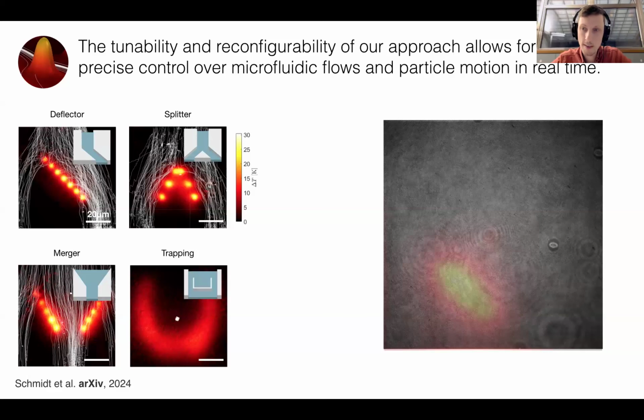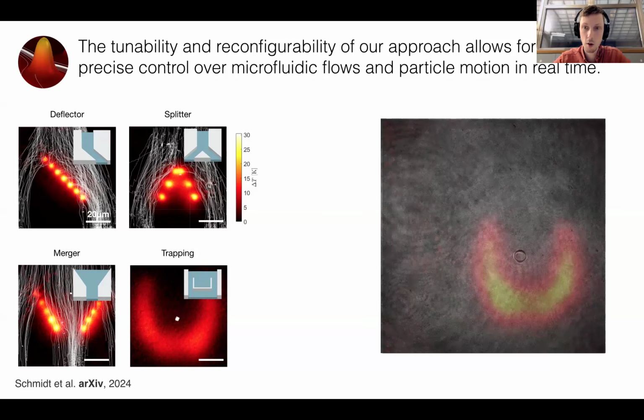And the cool thing is that we can also do fluidic trapping. Just as a comment here, optical forces do not play a big role here. They're pretty small in these cases. So this is trapping, but it's not working by optical forces. Because we have this U shape and particles are coming from the top, it acts kind of like a micro pocket or micro well. And all we do is change the laser power.